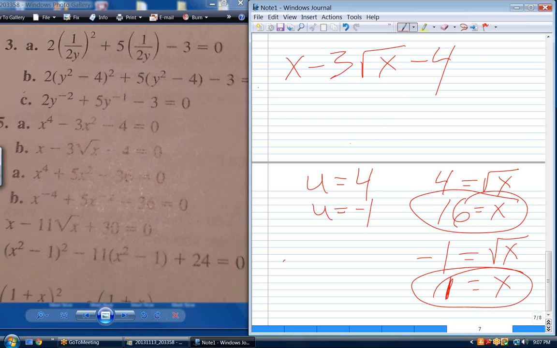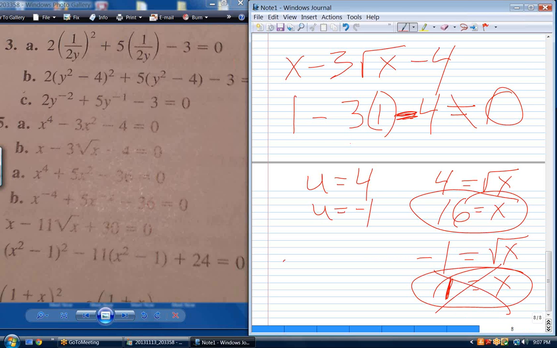So let's try 16. 16 minus 3 root 16 is 4. That works. But now when we try 1, it's not going to work. 1 minus 3, square root of 1 is 1, minus 4, that's not equal to 0. Therefore, this is an extraneous solution, and the only solution is x equals 16.